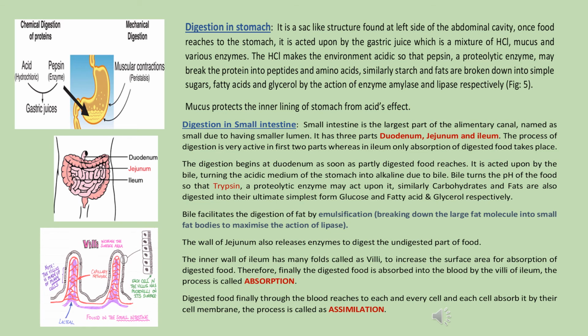However, not all parts of the small intestine help in the process of digestion. In the case of the ileum, it only helps in the absorption of the food. So whatever is digested up to the ileum will be absorbed and assimilated in cells and tissues. And the rest of the food which could not be digested will move to the large intestine.